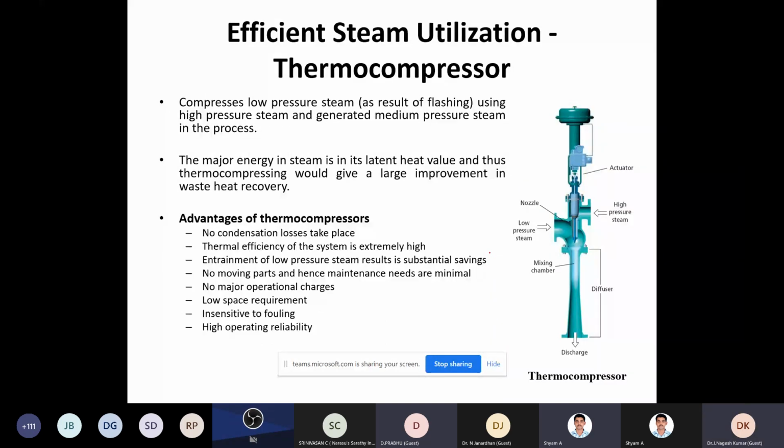Now, in some cases, there is a heat exchanger. Steam is sent at say about 7 bar. 7 bar steam is sent inside, and what comes out here will be 7 bar condensate.